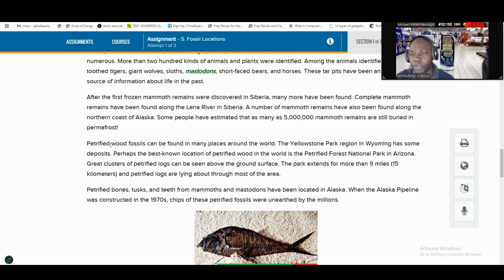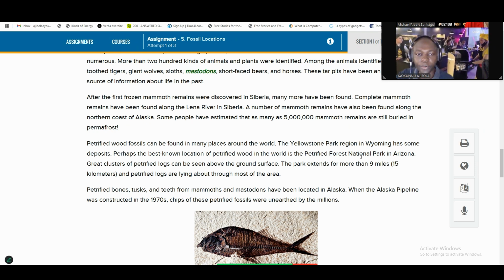Now the next one is petrified wood. Petrified wood fossils can be found in many places around the world. The Yellowstone Park region in Wyoming has some deposits. Perhaps the best known location of petrified wood in the world is the Petrified Forest National Park in Arizona. Great clusters of petrified logs can be seen above the ground surface.